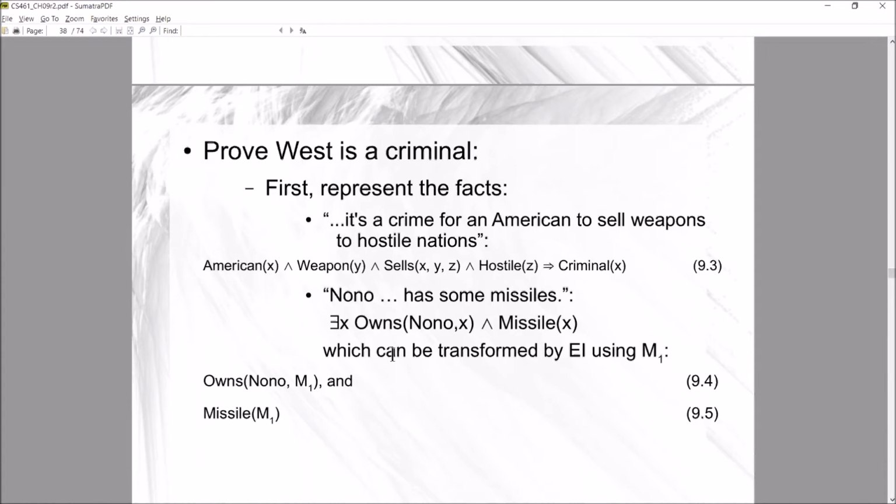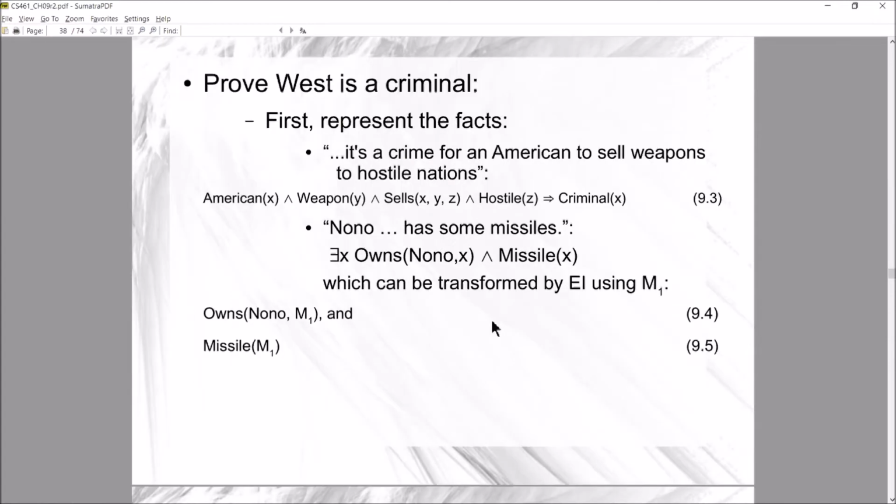And we can change that sentence into a definite clause by existential instantiation. Rather than having a variable, we'll give it a name. So we'll say that we have this fact that Nono owns this thing called M sub 1, and with this separate fact, we're saying that M sub 1 is a missile.